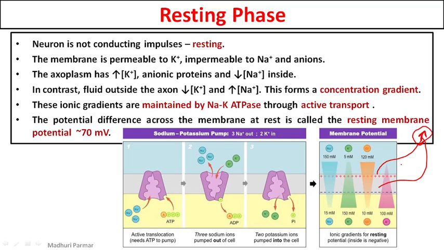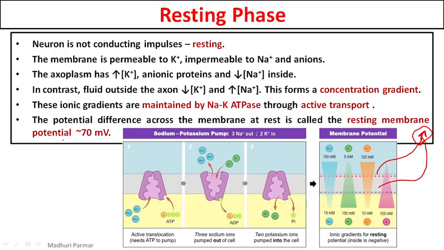So now the outside is positive and the inside is negative, and whatever potential difference there is between the two will be shown on your meter. This potential difference, this voltage, is known as resting membrane potential.